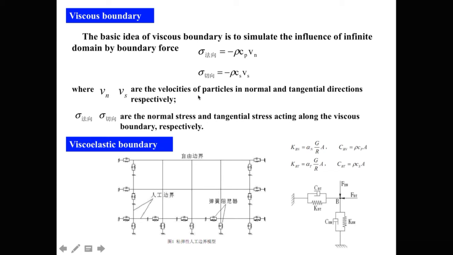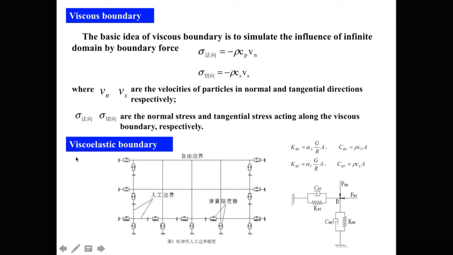Vn, Vs, that is the velocity of particles in the normal and the tangential direction respectively, and the sigma n and sigma t are the normal stress and the tangential stress acting along the viscous boundary respectively. This is a viscous boundary.